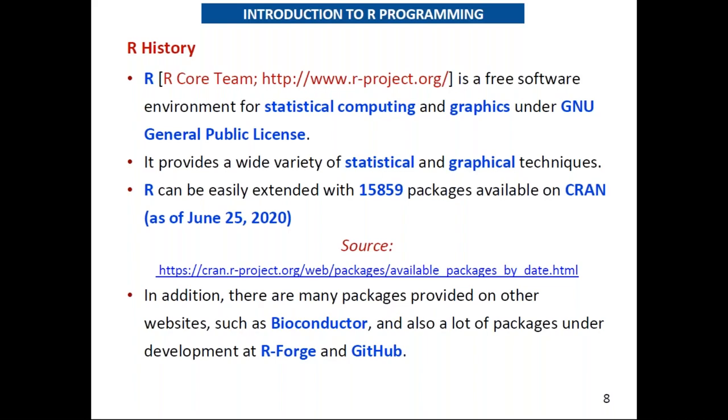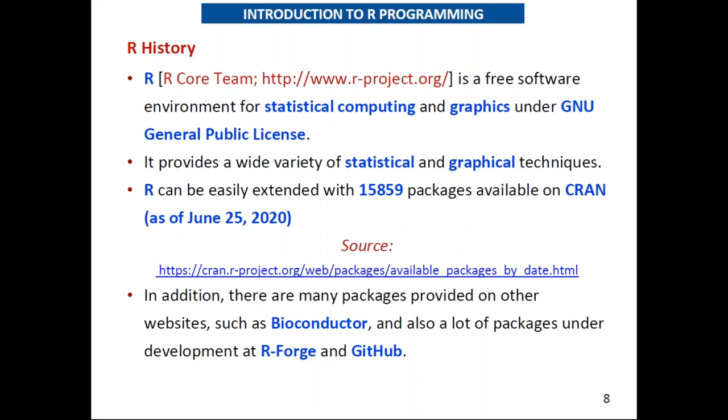It provides a wide variety of statistical and graphical techniques. R can be easily extended with 15,859 packages available on the cloud CRAN mirror as of today, June 25th, 2020. So today I have collected the latest packages available in R, 15,859.